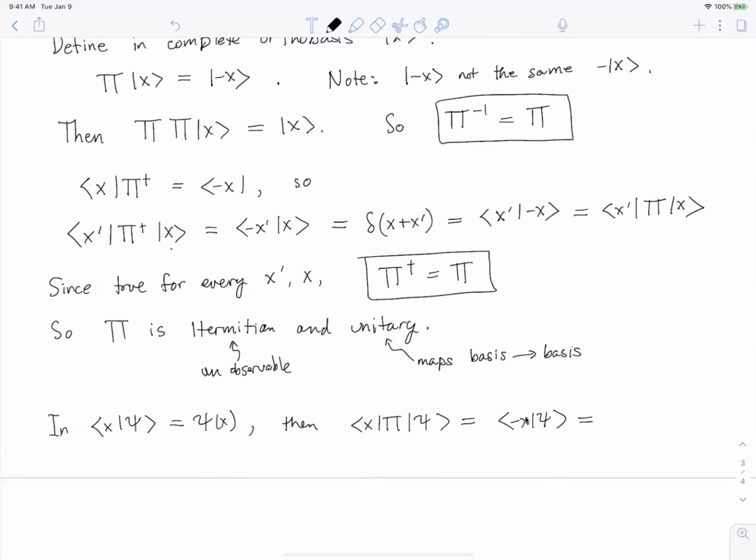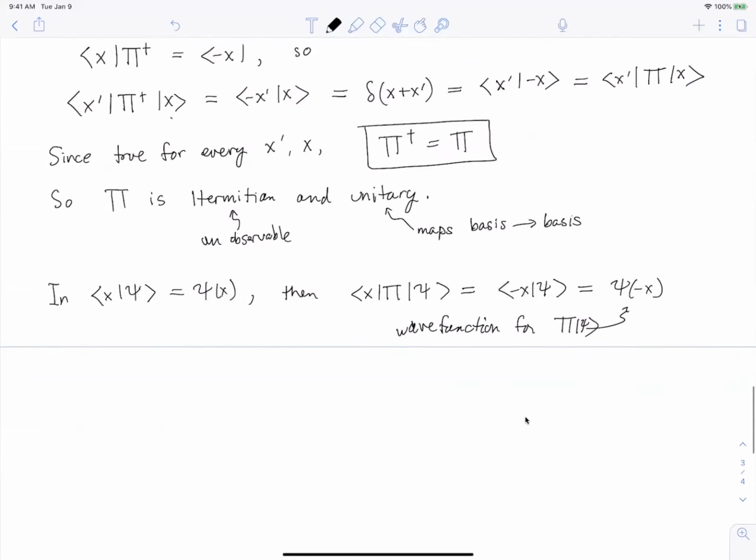And so that's the wave function psi of minus x. Okay, so this is the wave function for pi acting on psi. Okay. Questions on that? No? Okay.